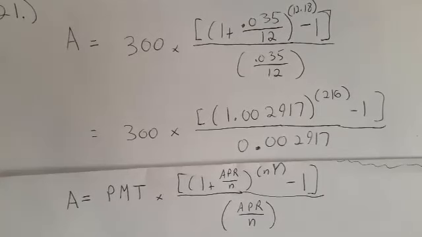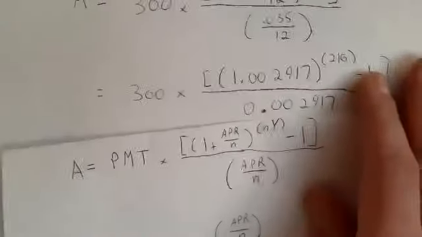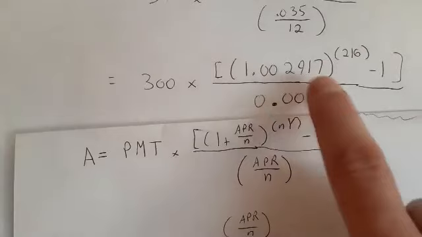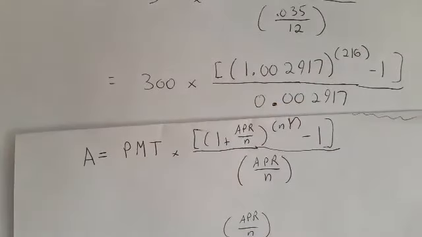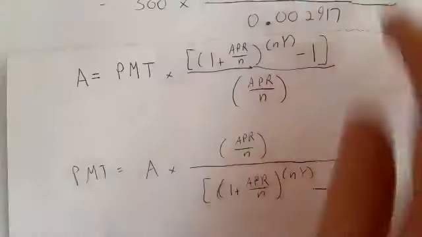And so I rounded it to about 4 figures. If we do 12 by 18, that gives me 216. So I did the things in the parentheses first. The next thing I can do is this exponent. So I want to take 1.002917 and raise it to the 216. I don't know, Ian, could you give me that number?